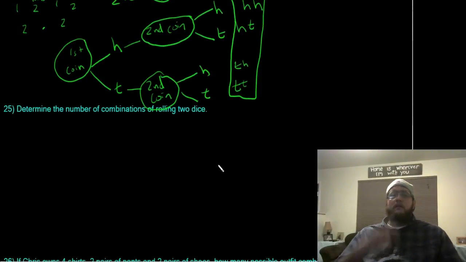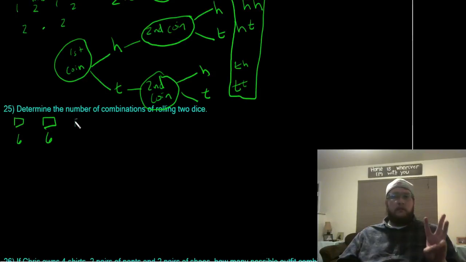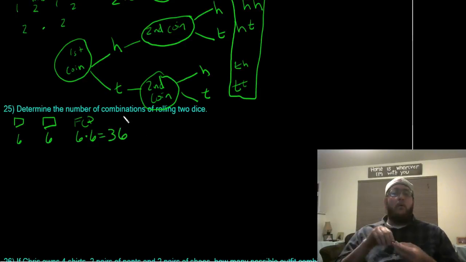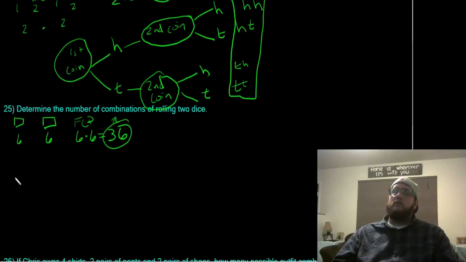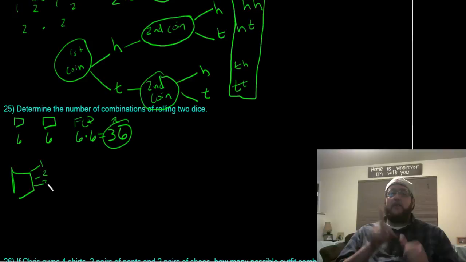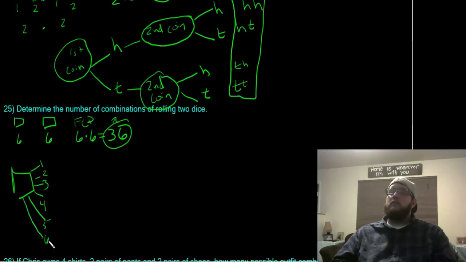Determine the number of combinations of rolling 2 dice. So this is going to work out the same way, where we know that each of our dice have 6 different options for what they could be. And so the FCP says that we can do 6 times 6 is 36 combinations. And we can use a diagram to show this. This gets a little crazy, but we have our first dice, and we can get a 1, 2, 3, 4, 5, or a 6.